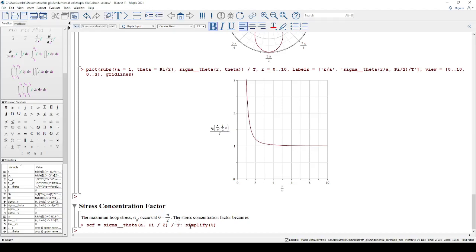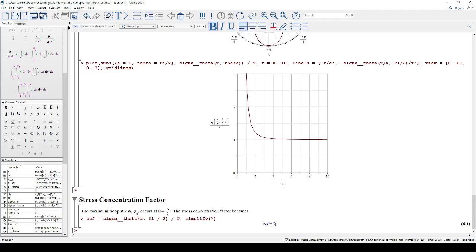You will see that this becomes 3. So this is what we get here, and Kirsch also got 3 as the stress concentration factor. So this summarizes the solution to the Kirsch problem for an infinite plate with a circular hole.